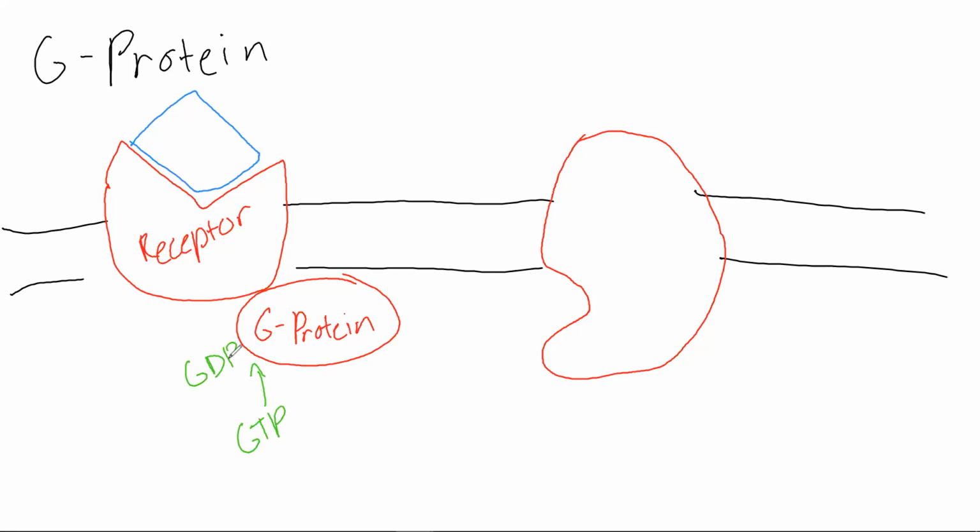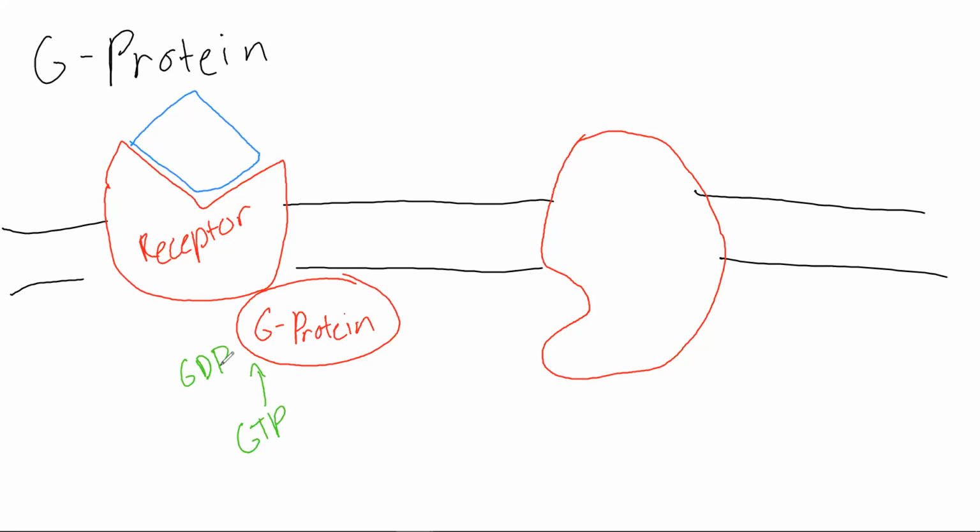GDP, when it is connected to the G protein, signifies that that G protein is inactive. Does that make sense? Not really, no. Okay, let me restart then. It's basically like a switch, pretty much, right? Yes, it's a switch.